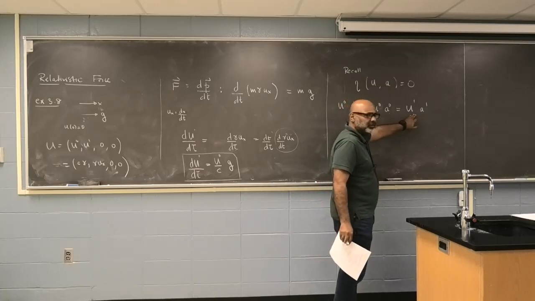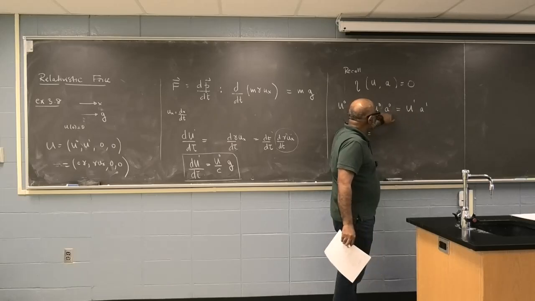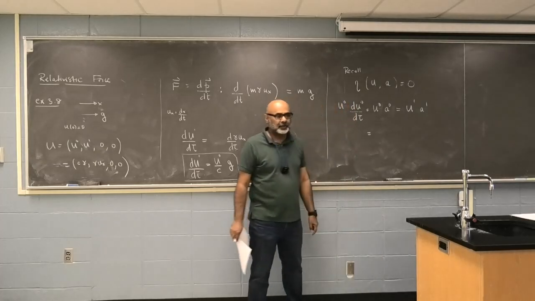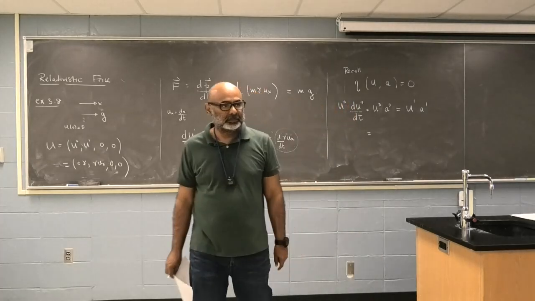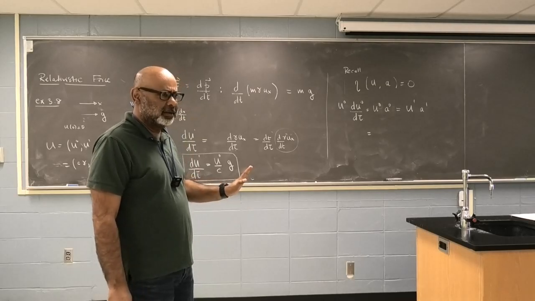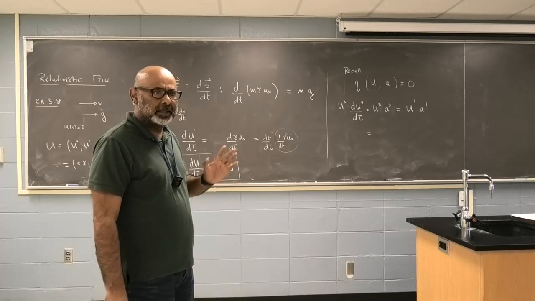Where did I get this from? Why did this equal that? Don't overthink it. The answer is on the board, same side of the board. The line that I didn't erase.